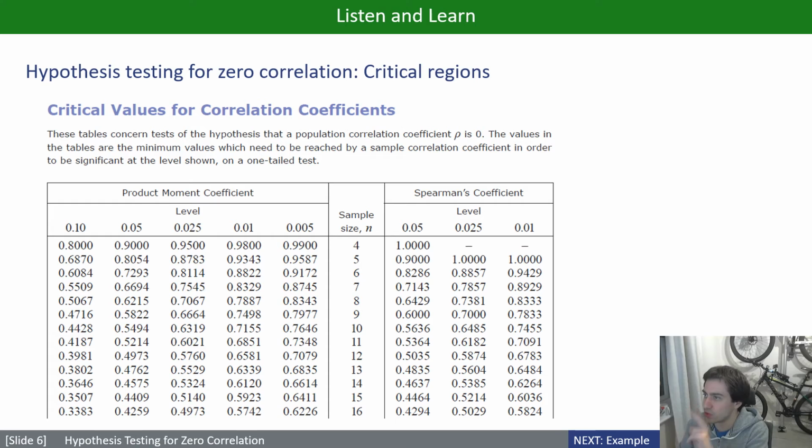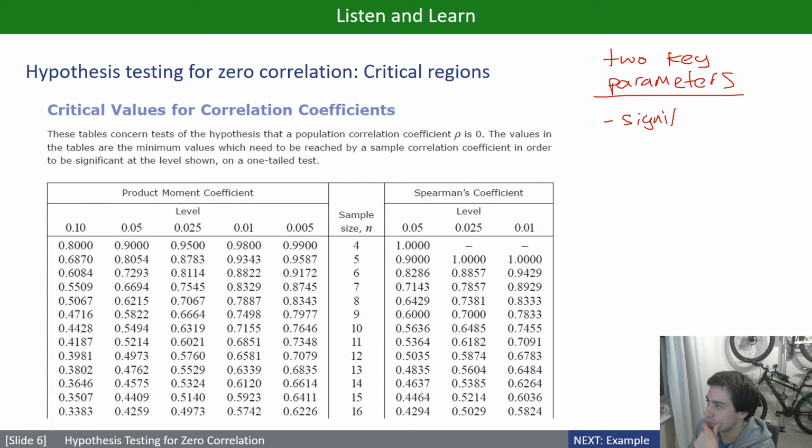You're going to take note of two key parameters. Number one, the significance level, which will usually be given to you, typically 1%, 2%, 5%, or whatever.